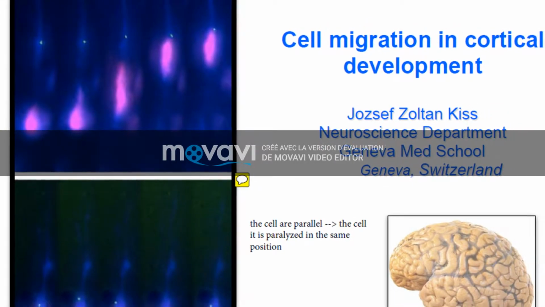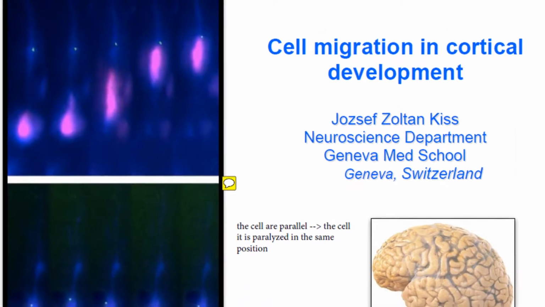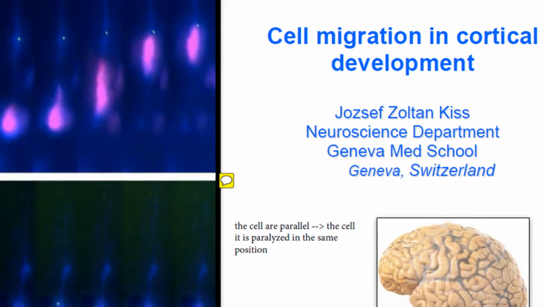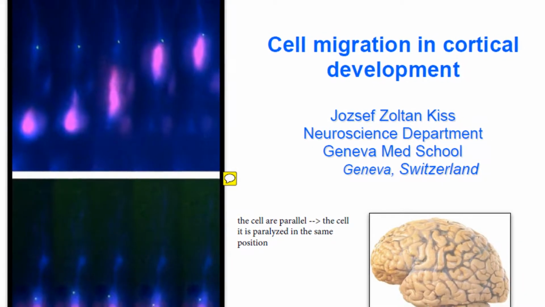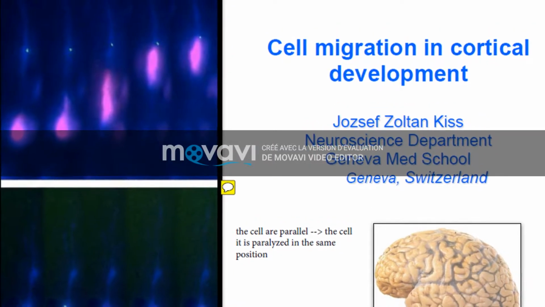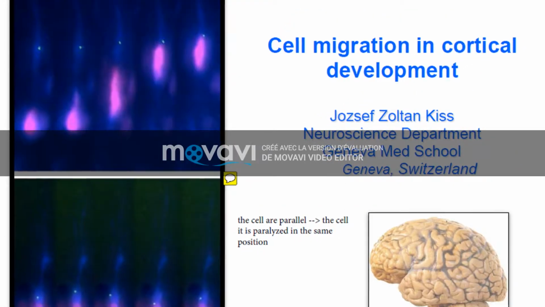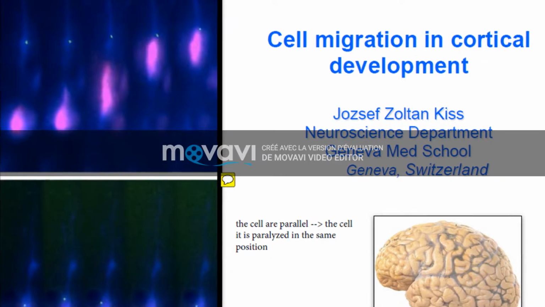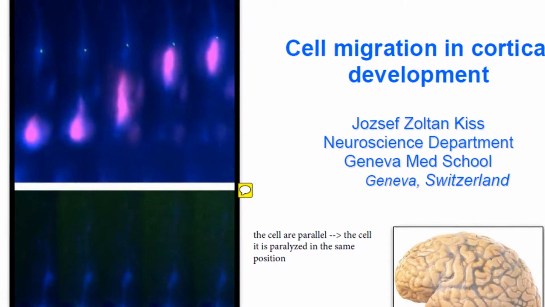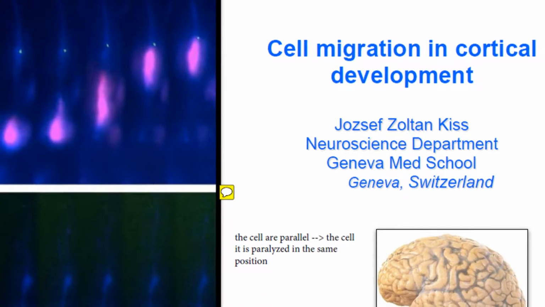When layer 6 neurons have migrated, then layer 5 neurons start to be generated by the stem cell, the cellule souche, and so forth. So we have a timing, a wave of generation and migration, and this is basically what creates the six layers in a sequential way during 3 or 4 months. The whole cortex is generated from scratch.